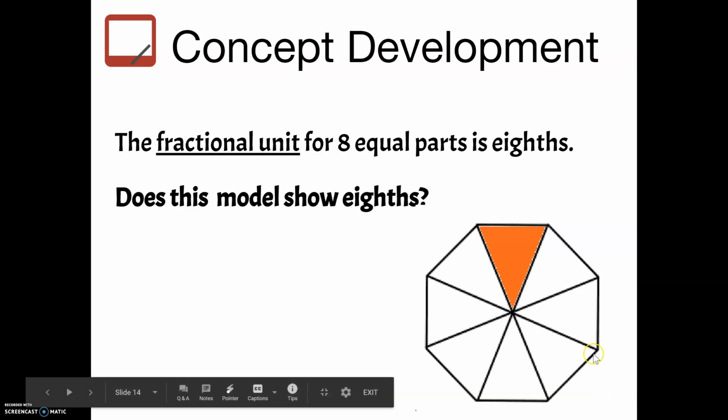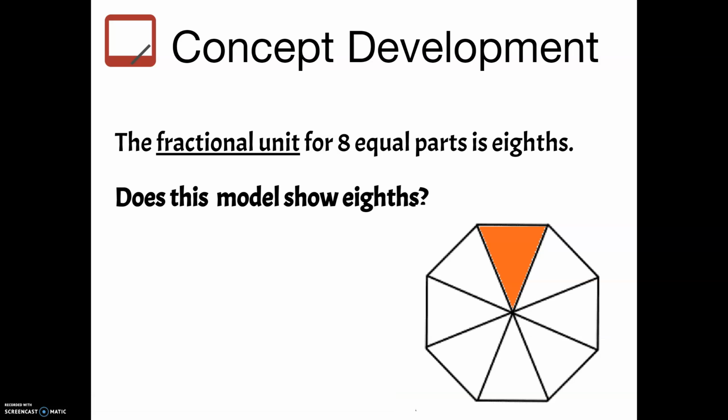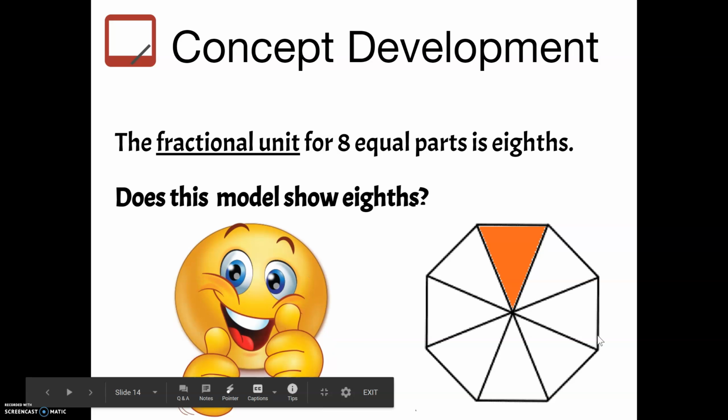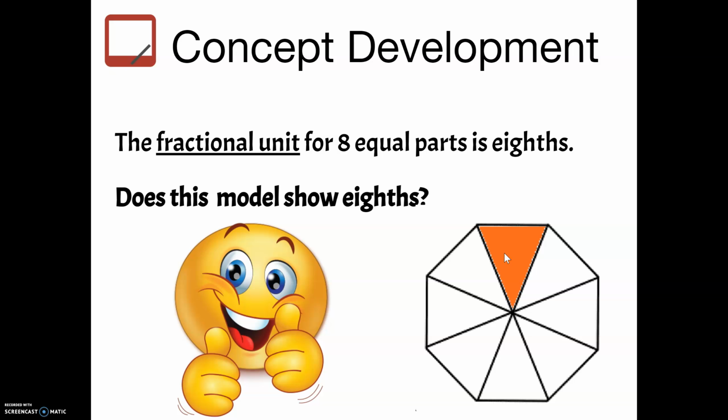The fractional unit for 8 equal parts is eighths. Does this model show eighths? If you gave a thumbs up, you are correct. There are 8 equal pieces, and so this would be the fractional unit of eighths. And again, we could count it.